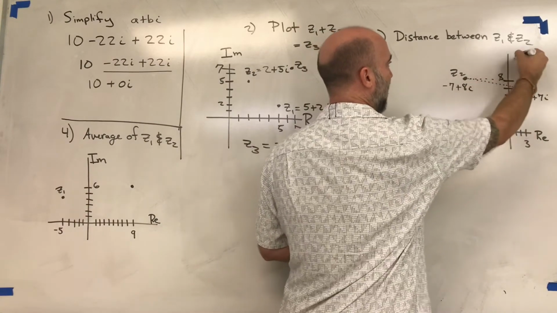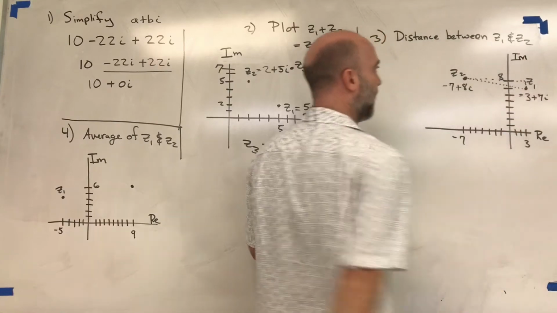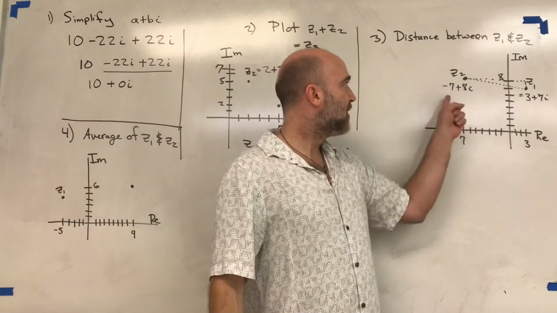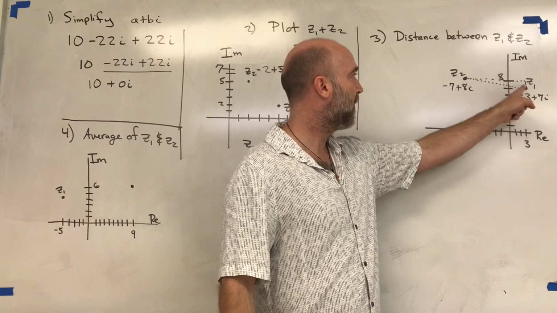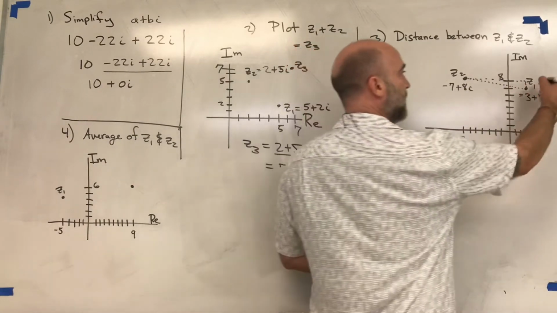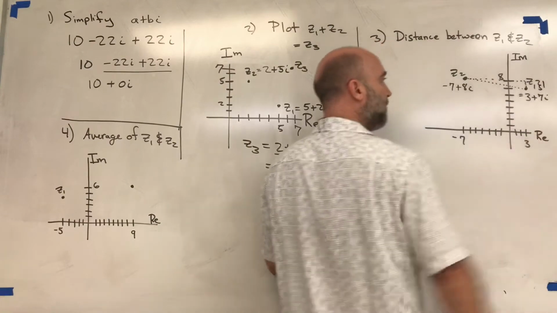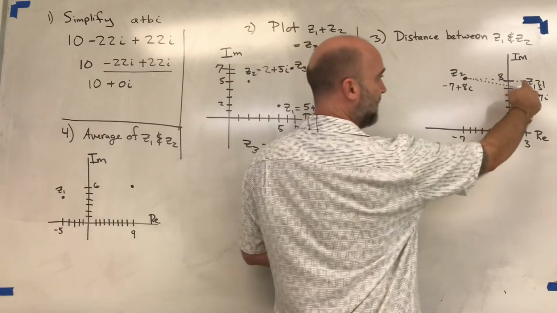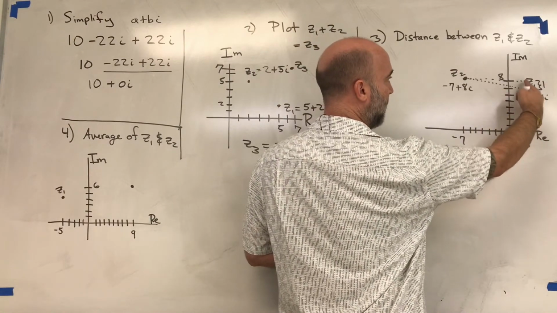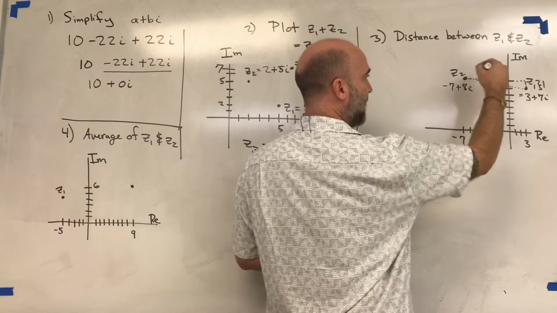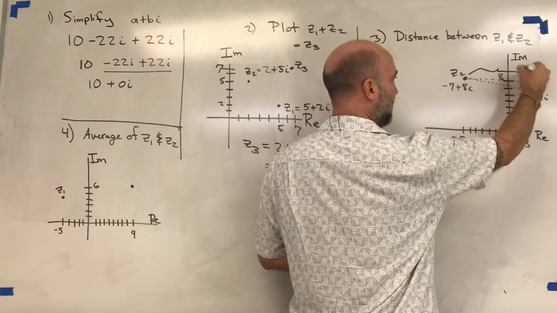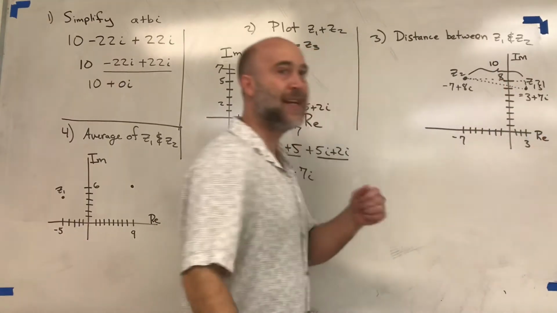Looks like I forgot my imaginary scale label. So then we'll go ahead and look at, well, what's this distance right here from 7 to 8? So that distance is just 1. From this distance right here, this is a 3 to negative 7. From 3 to negative 7, that means this distance is 10.